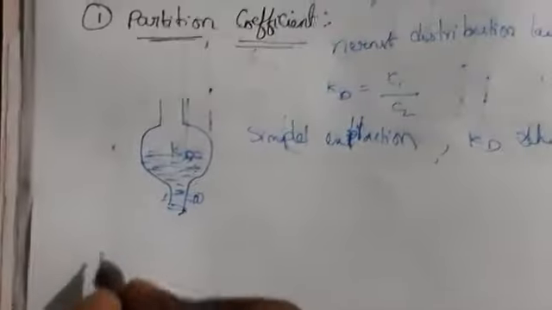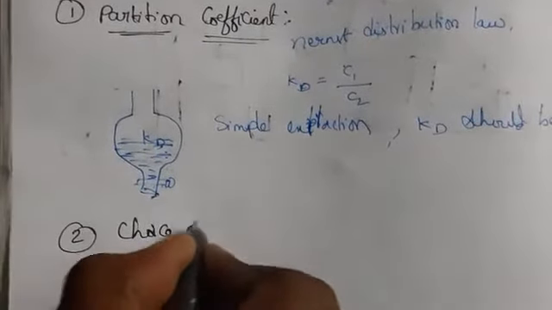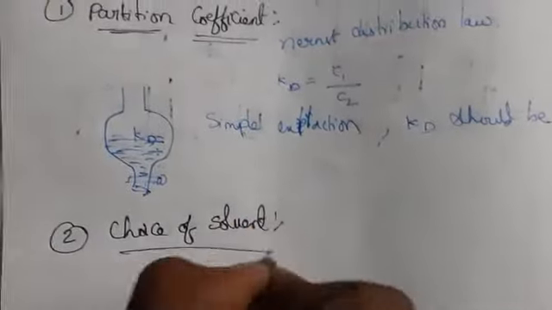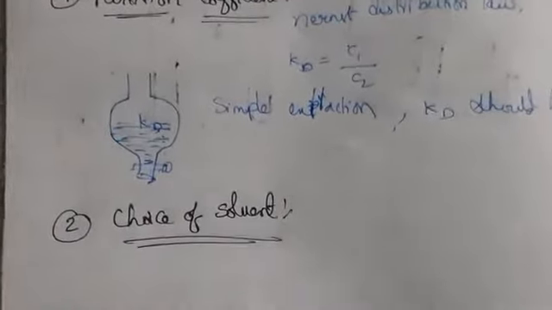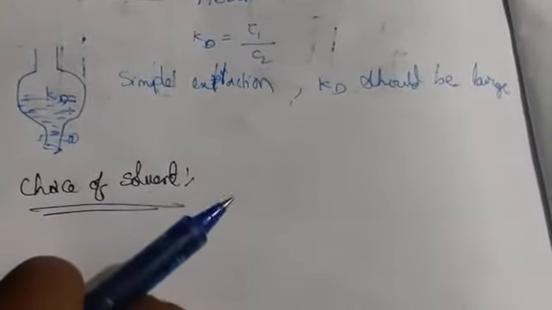Coming to the second factor, the second factor is choice of solvent. To remove the solute from the compound's two layers, we have to choose the perfect solvent.